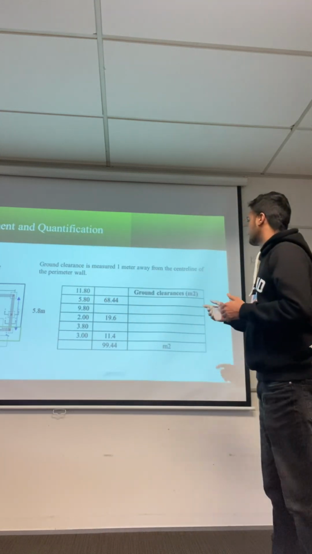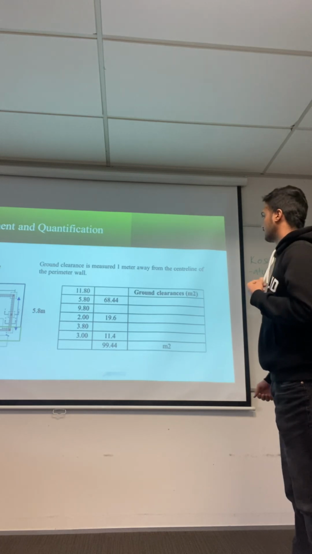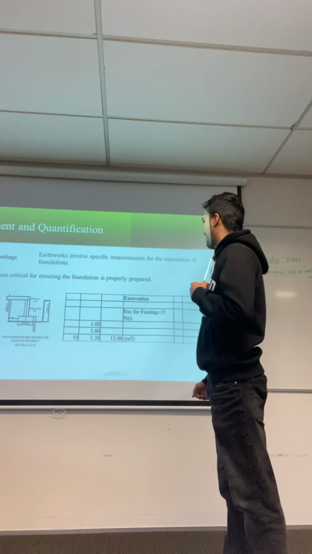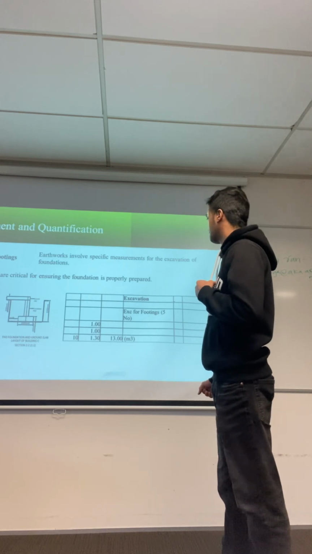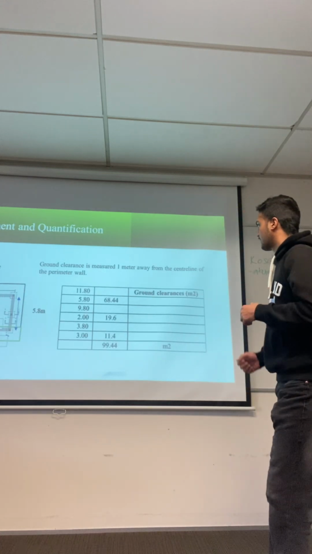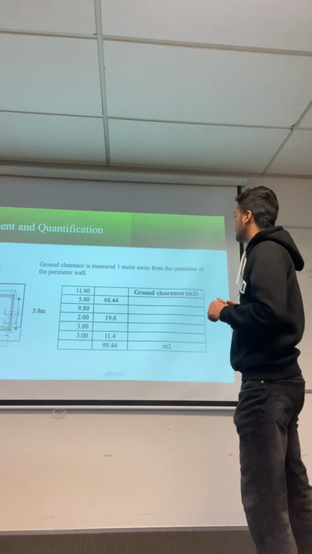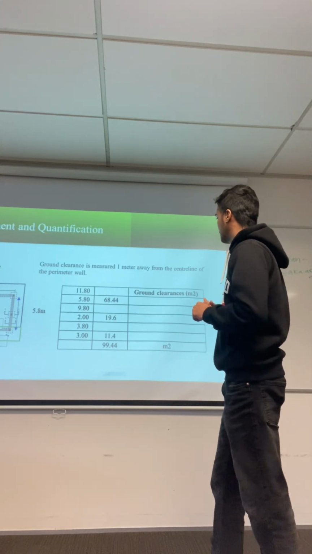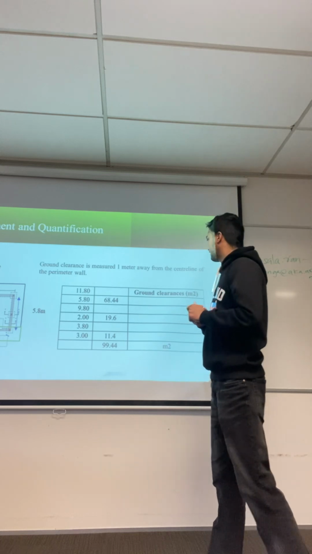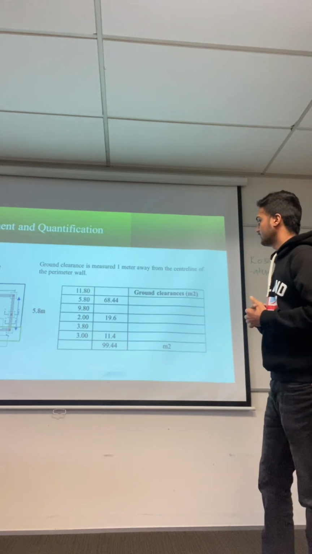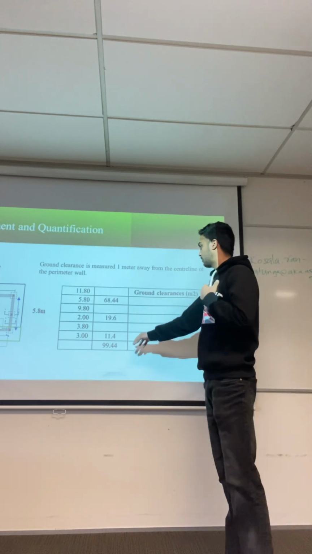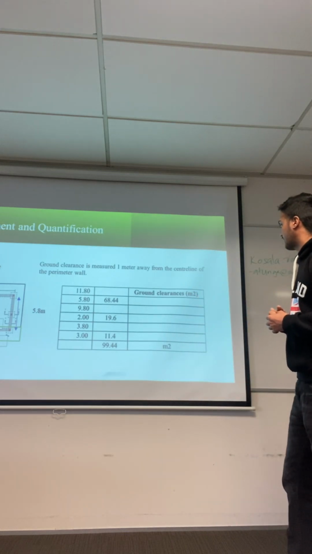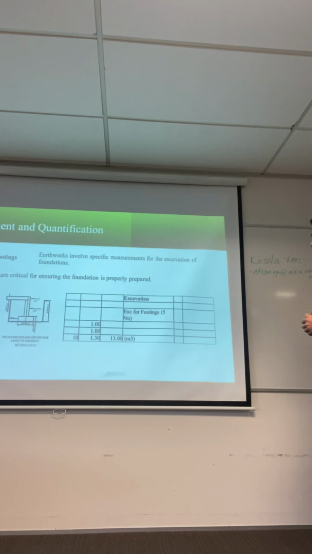And you can see the diagram: ground clearance 11.80, 5.80, 68.44 and 9.80, 19.6, 3.80, 3 and 11.4, and 99.44 m square. Next slide.